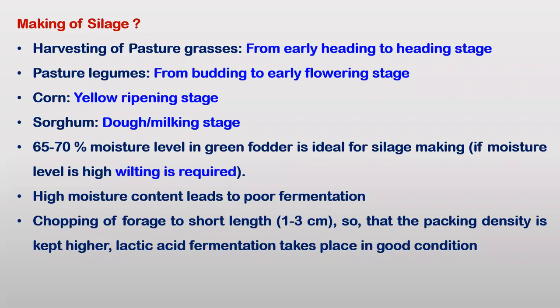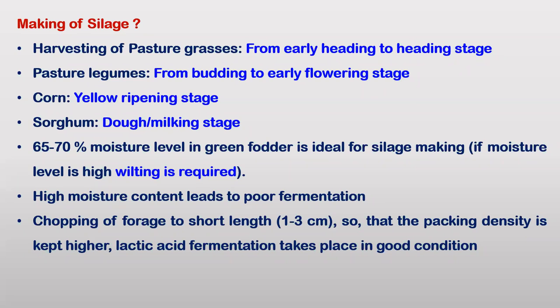And 65 to 70% moisture should be taken into consideration in the green fodder for ideal silage making. If the moisture level is high, then sometimes we keep the plant in an open area after cutting it, to remove a certain amount of moisture before preparing the silage.